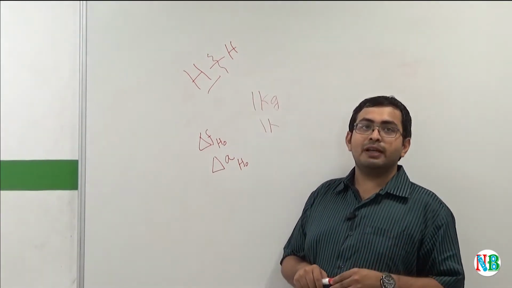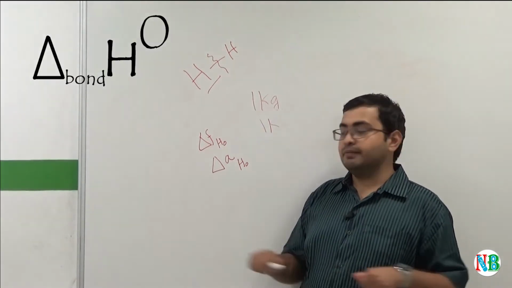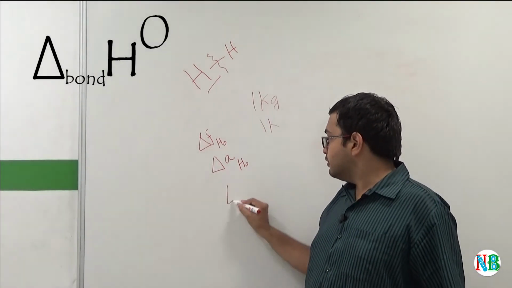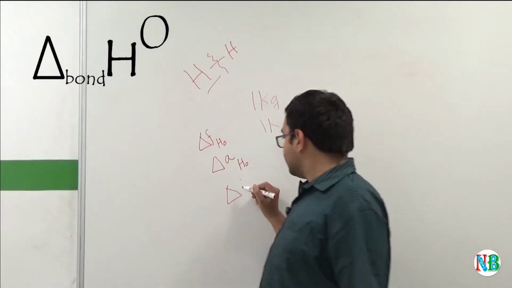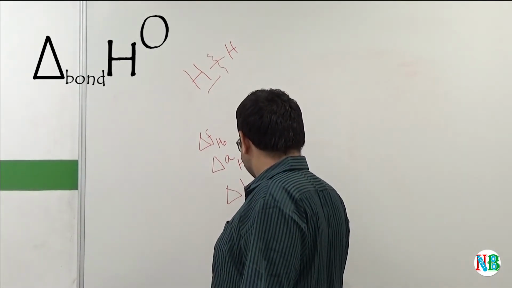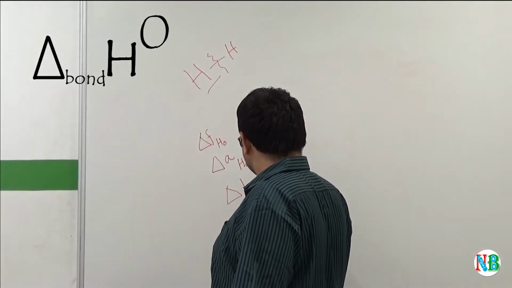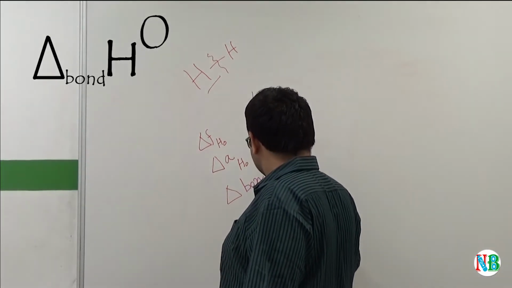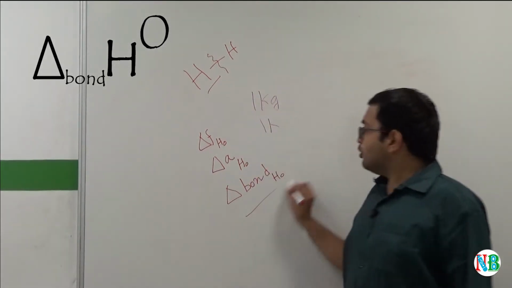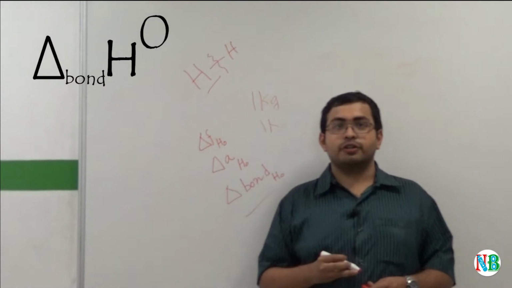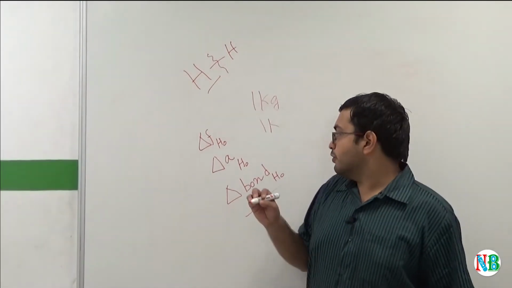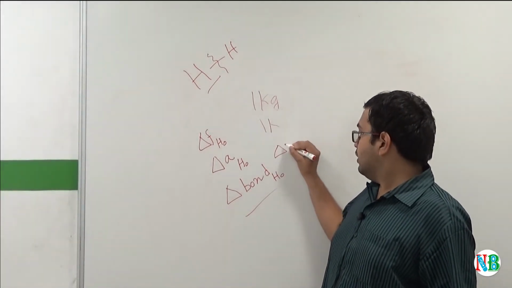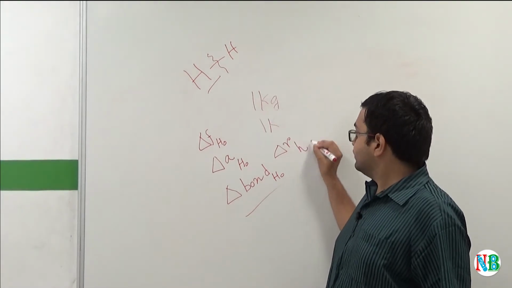What is the bond enthalpy? Delta bond enthalpy, Δ_bond H°, is also written as Δr H°.